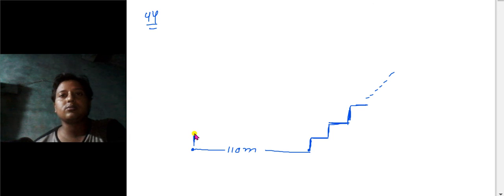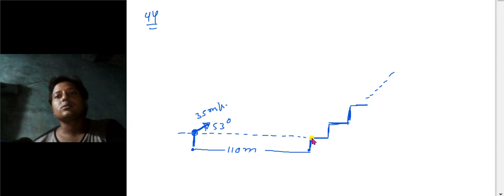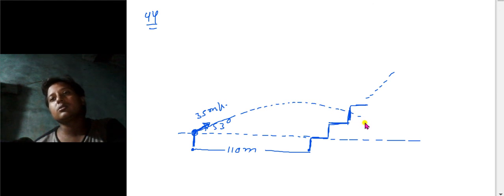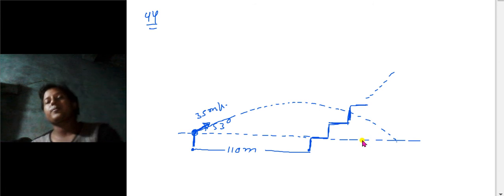From a height of 1 meter, a ball is hit by the batsman with a speed of 35 meter per second at an angle of 53 degree. So ball traces a parabolic path like this.